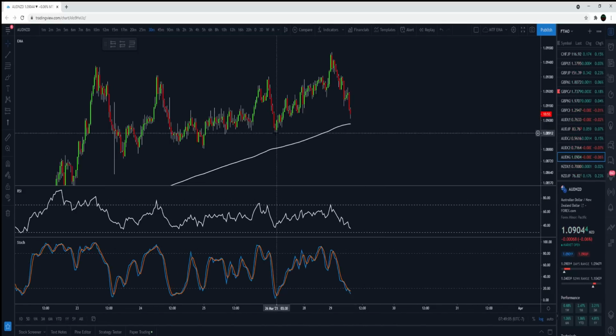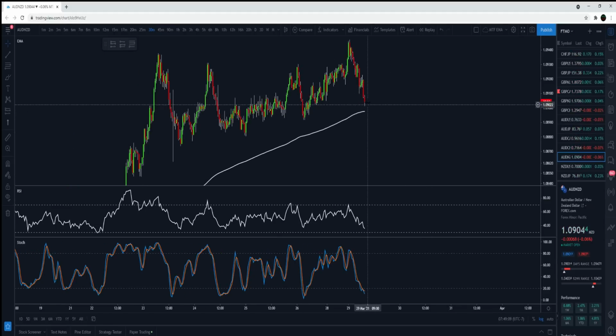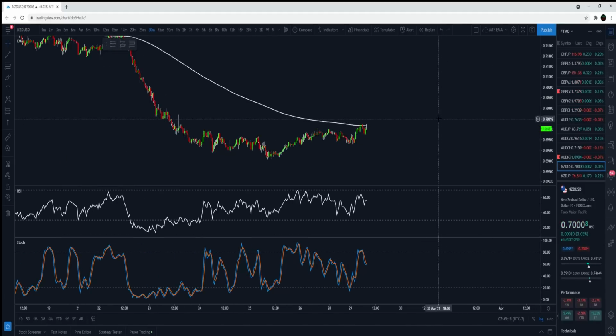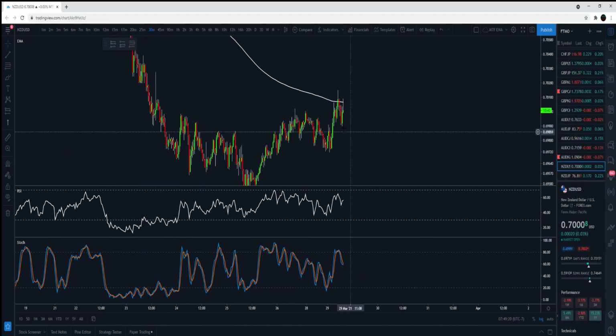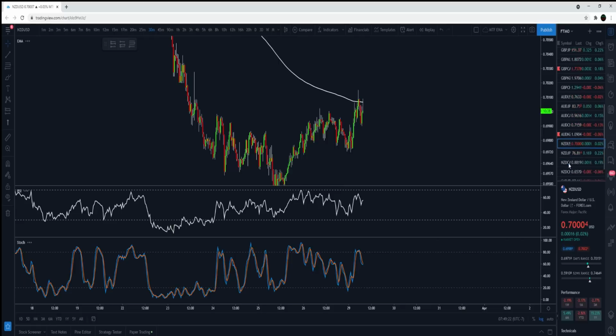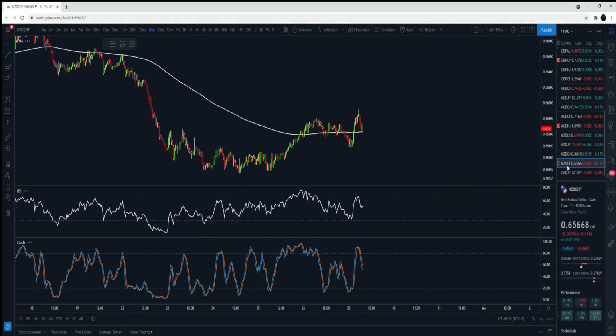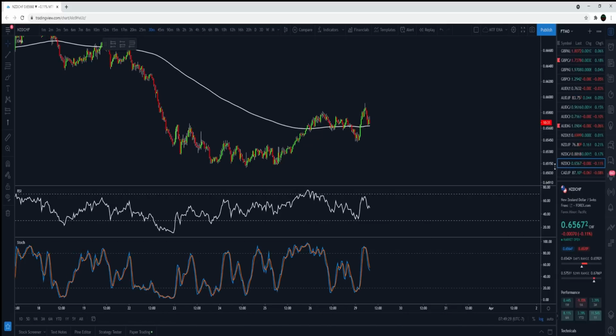Looks like we're getting hidden divergence here. If this makes a higher low here, crosses up. Okay, mark that one down. Can't really compare this pullback to anything, so that's going to be a skip. No, extended pullbacks, nothing.